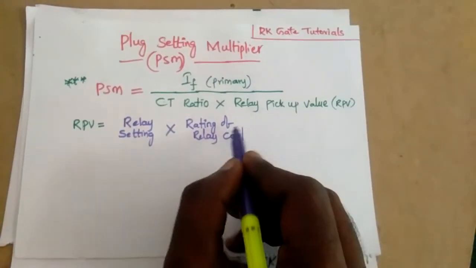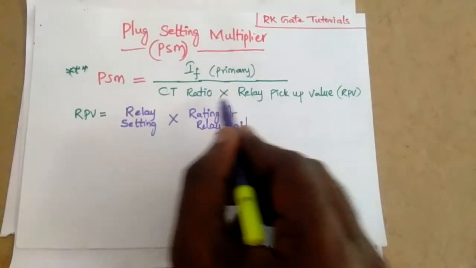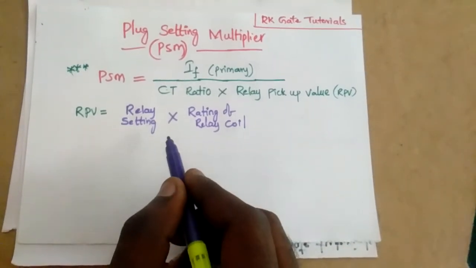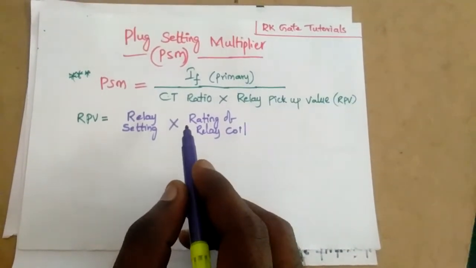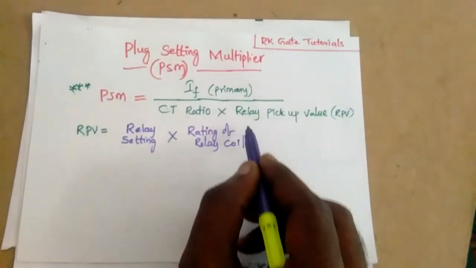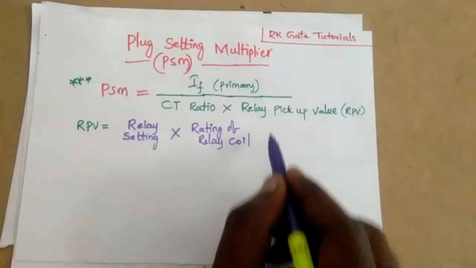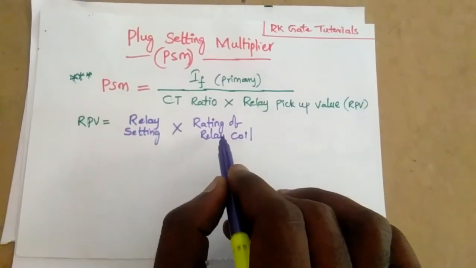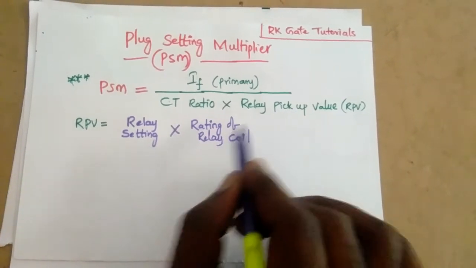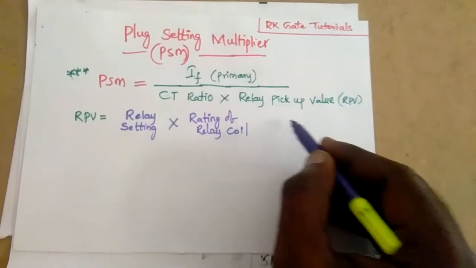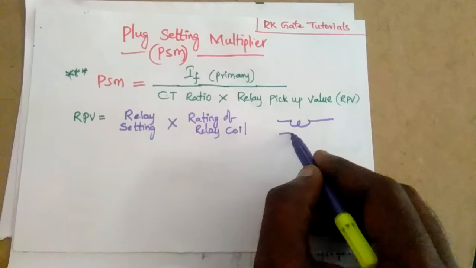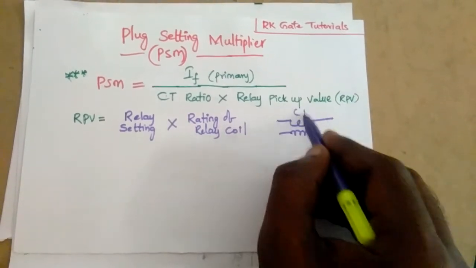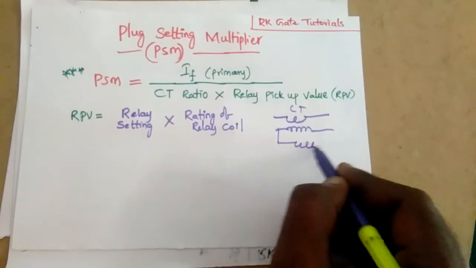In the question, sometimes he will not give you the rating of the relay coil. Then how do we proceed further? Simple. When he has not mentioned the rating of the relay coil, remember the relay coil is connected to the secondary of the CT, as we have already seen. This is the secondary of the CT to which the relay coil is connected.